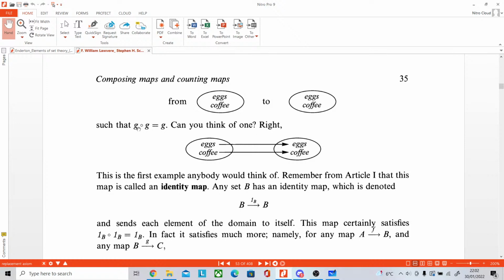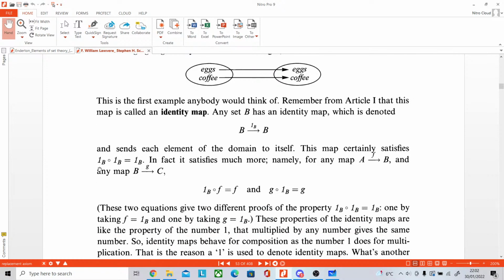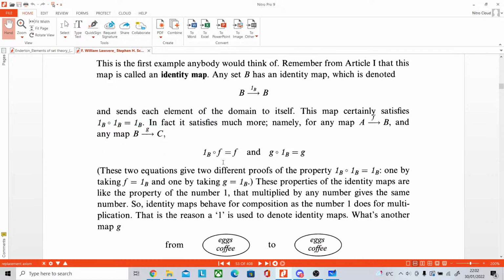So identity composed with identity is equal to identity itself, which is what this formula shows. So for any map F from the set A to B and any map G from set B to C, 1B composed with F equals F, and G composed with 1B equals G.